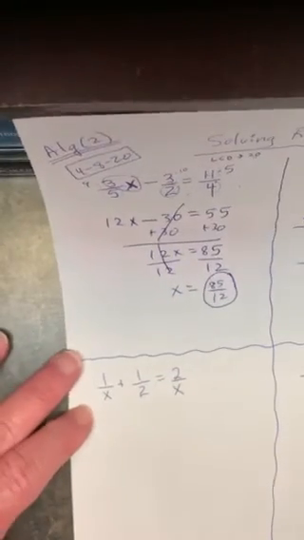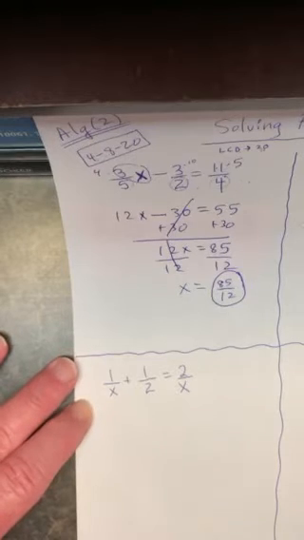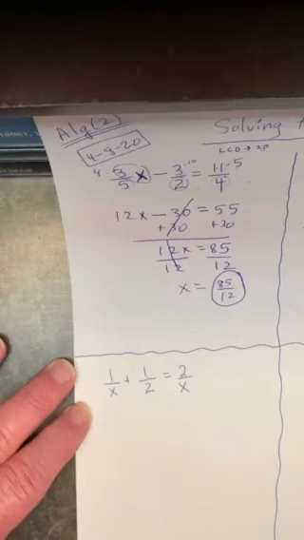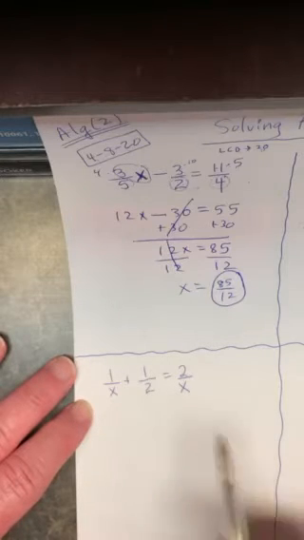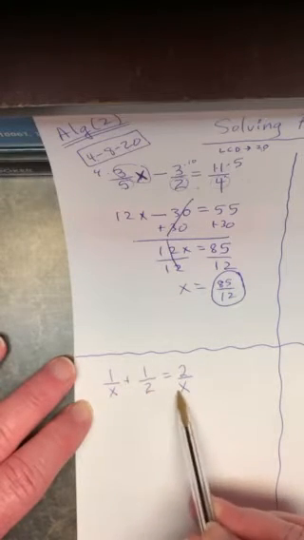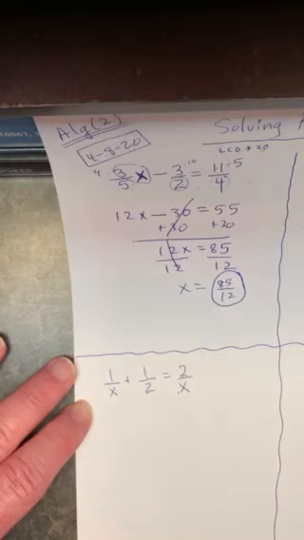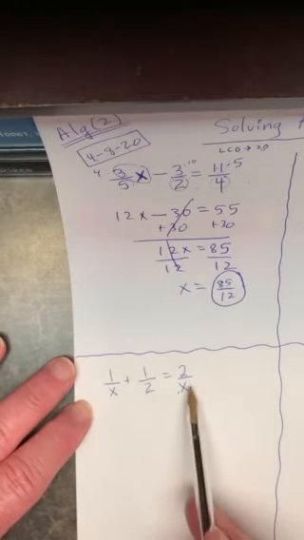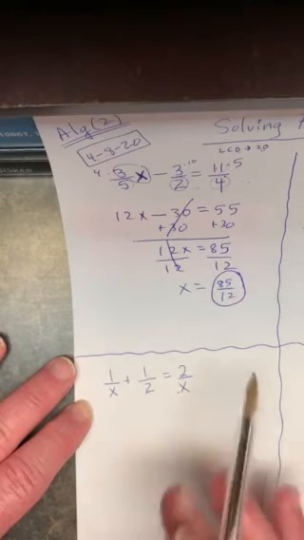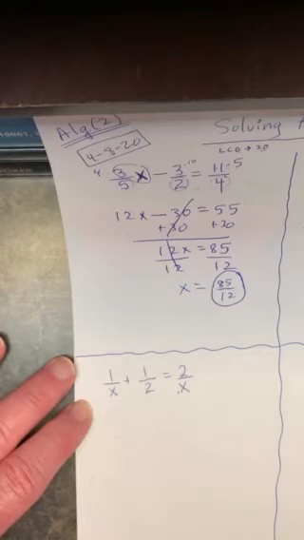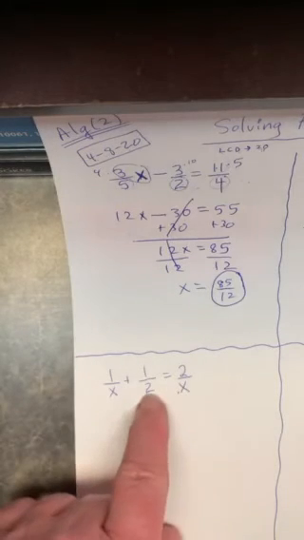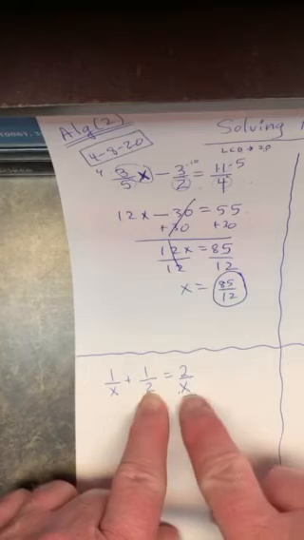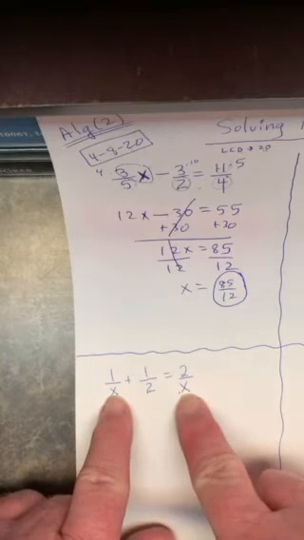Go to block 3. It says 1 over x plus 1/2 equals 2 over x. Now careful. Notice instead of all numbers across the bottom, like the 2 that we just did, if I said name everything that you see in the denominator of these fractions, I certainly see a 2, and I also see a x. Agreed?